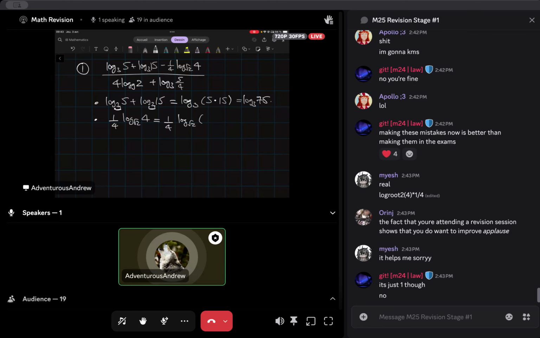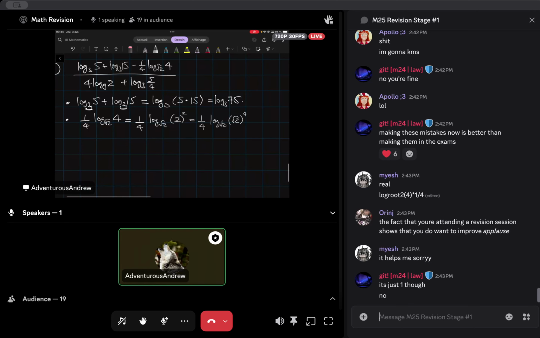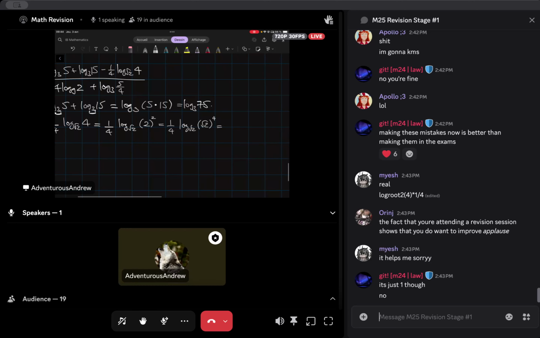4, that's 2 squared. 2, that's root 2 squared. So that's basically root 2 to the 4. Okay, I should break it down to 2 steps. 2 squared. So that's log root 2 of root 2 to the 4. This guy's equal to 1.